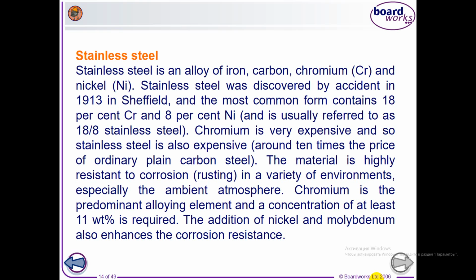As chromium has such a strong affinity for oxygen, it rapidly reacts with oxygen to form a protective passive layer, chromium oxide. As a result, the stainless steel has excellent resistance to corrosion.